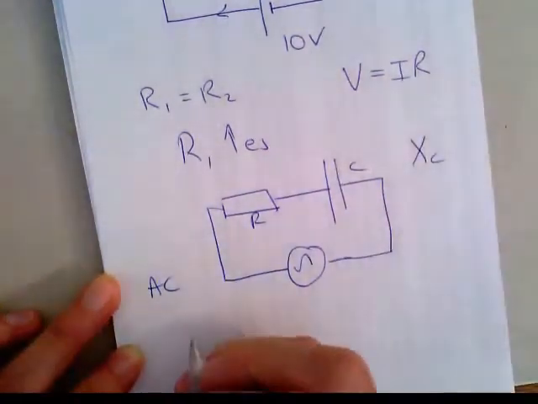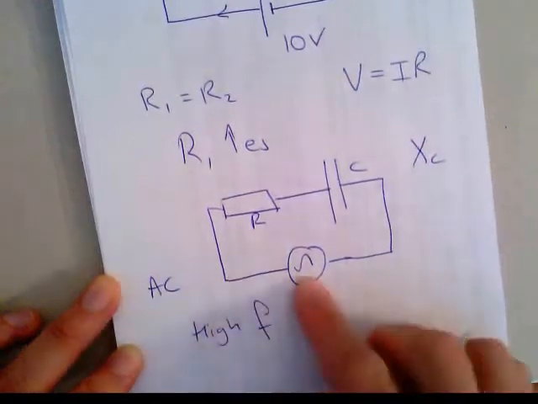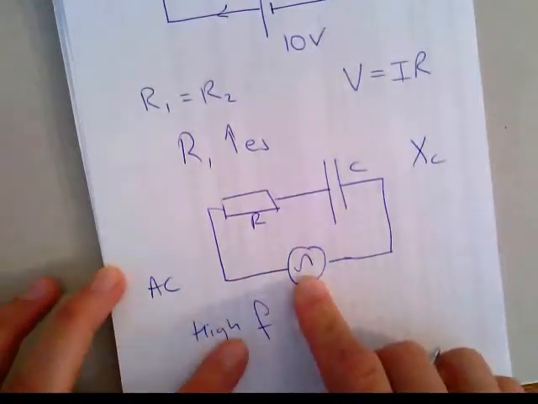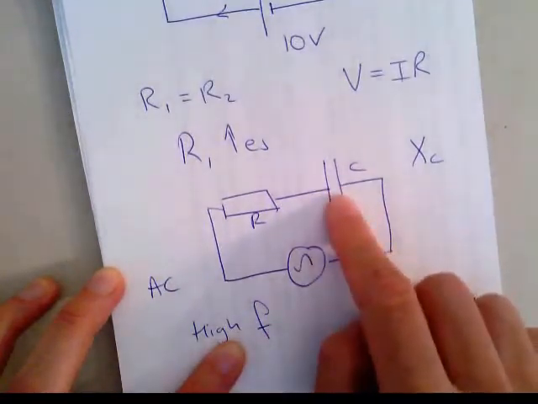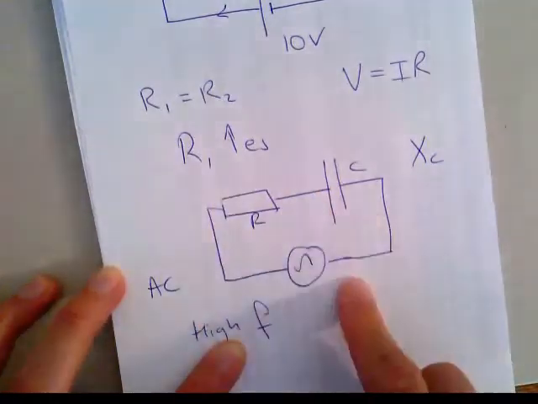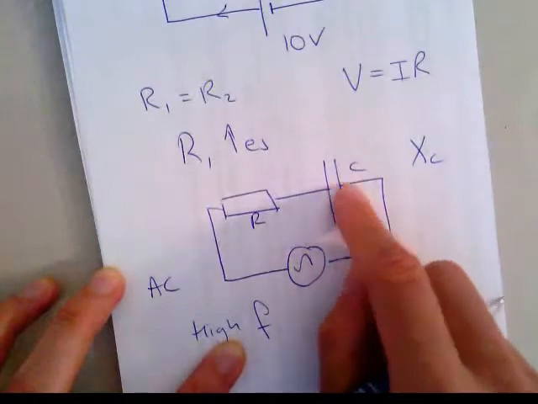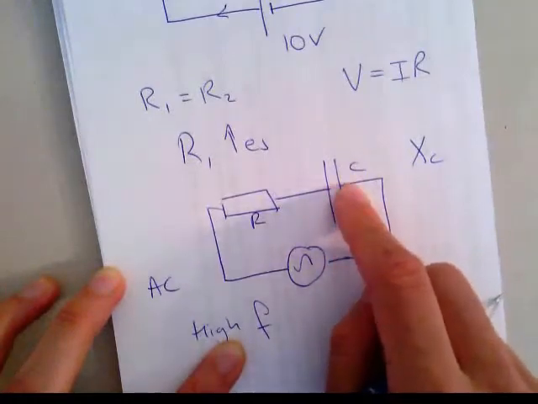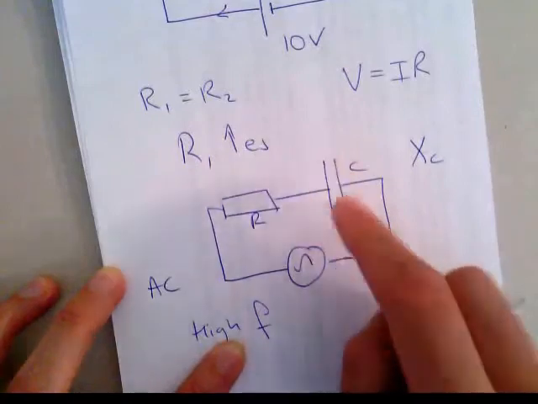If we have a high frequency signal, what happens to the capacitor? Well, the change in direction of the current going through the circuit happens so quickly that the capacitor doesn't really have time to charge up. So in effect, it doesn't have an influence in the circuit.